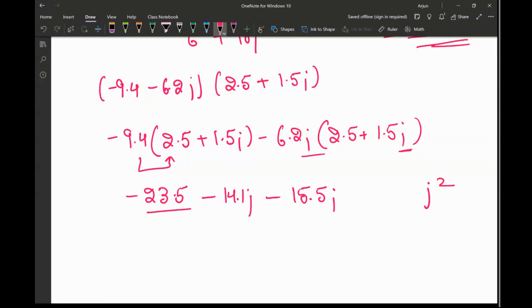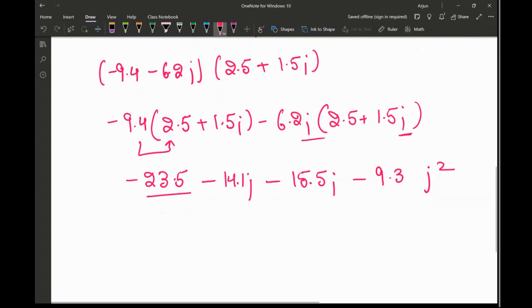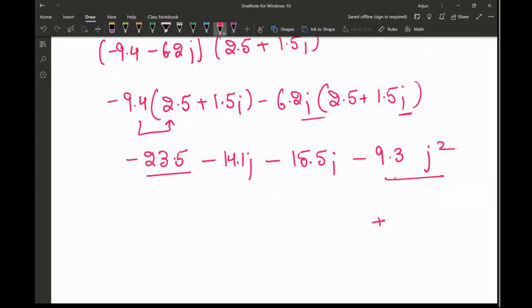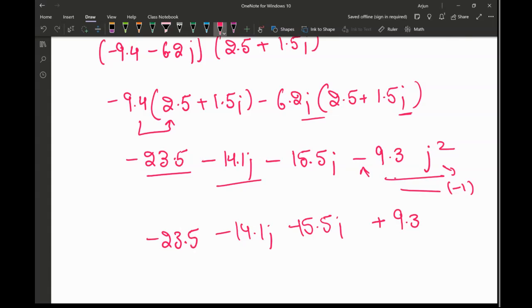So 6.2 times 1.5, which is 9.3, minus 9.3 j square. Now j square will become a positive 9.3. Why? Because j square is negative 1. So negative 1 times negative 1 will become a positive number. And minus 15.5j, this is minus 14.1j, and this is negative 23.5.